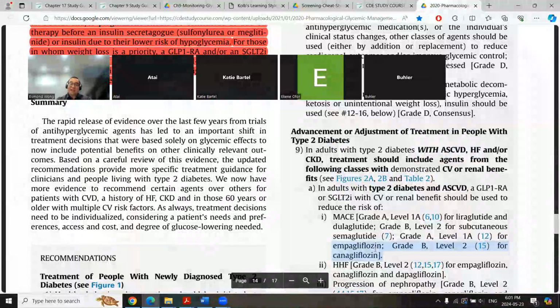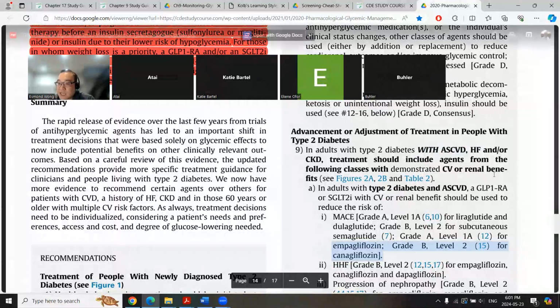With Forxiga, they did their studies with 60% primary and then 30% secondary, but then they showed no significant benefit in either of them. With Jardiance, they did 100% secondary prevention and they showed a big benefit. For Invokana, they did around 66% secondary prevention, and they showed a big benefit.